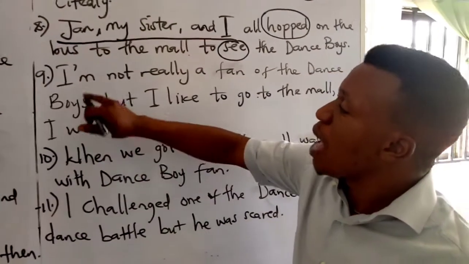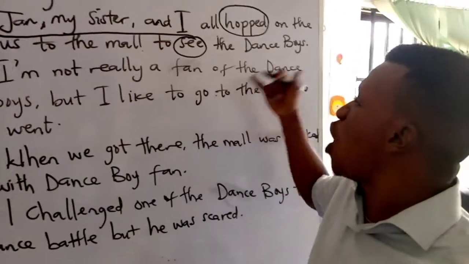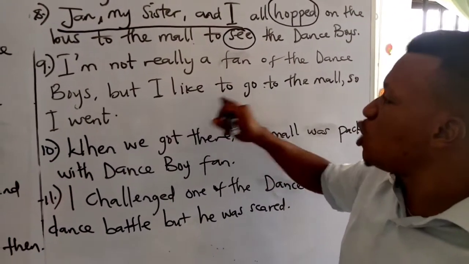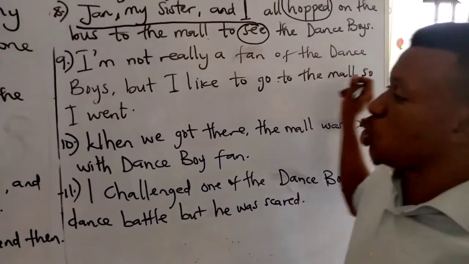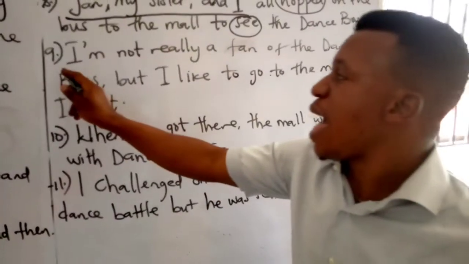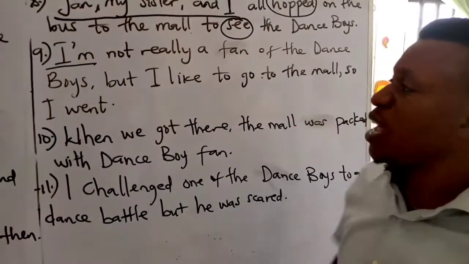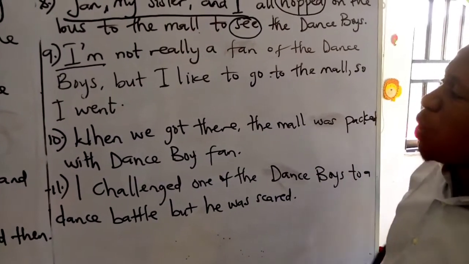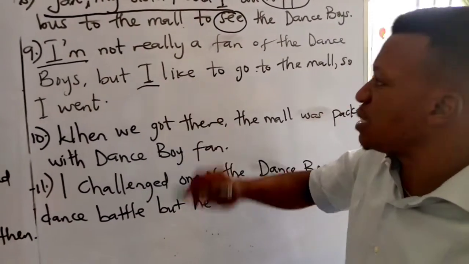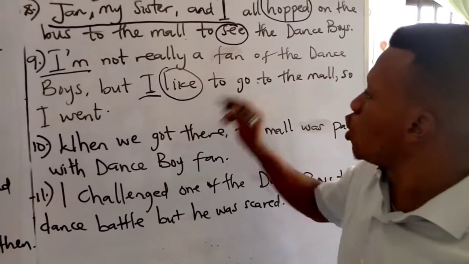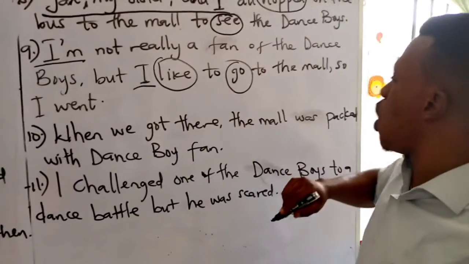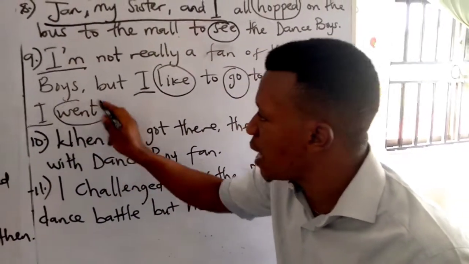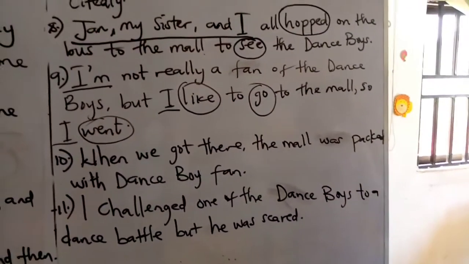Number 9. I'm not really a fan of the Dance Boys, but I like to go to the mall, so I went. I, this is your subject. Not really a fan of the Dance Boys, but I, this is your subject. Like to go to the mall, so I, see your subjects, went, predicates. Can you see how easy it is? Very simple.